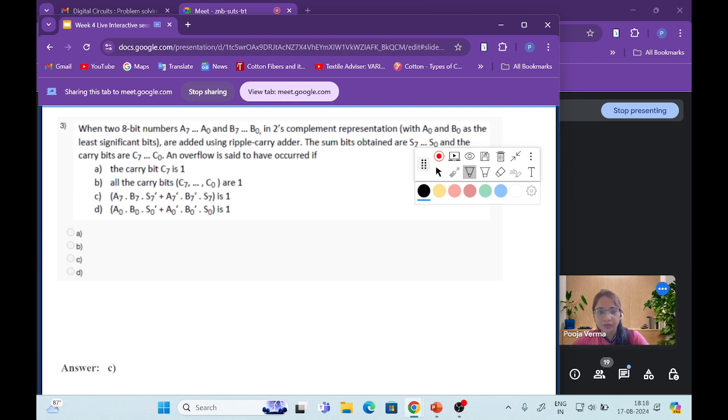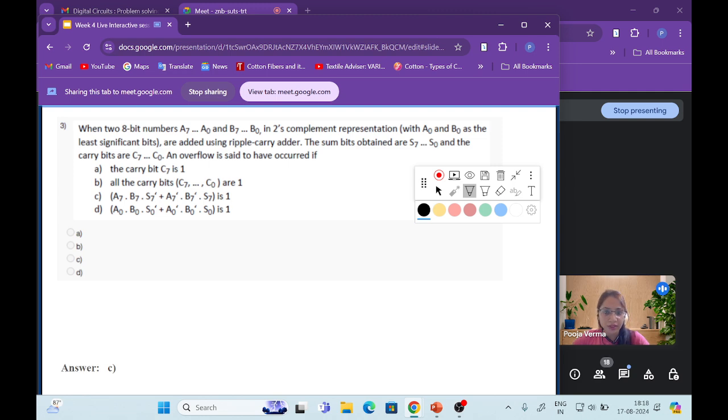Next question is, when two 8-bit numbers A7 to A0 and B7 to B0 in 2's complement representation, with A0 and B0 as the least significant bits, are added using a ripple carry adder, the sum bits obtained are S7 to S0 and the carry bits are C7 to C0.